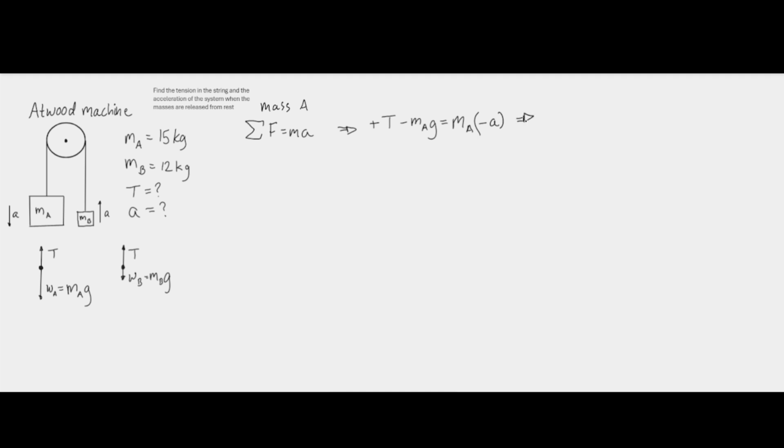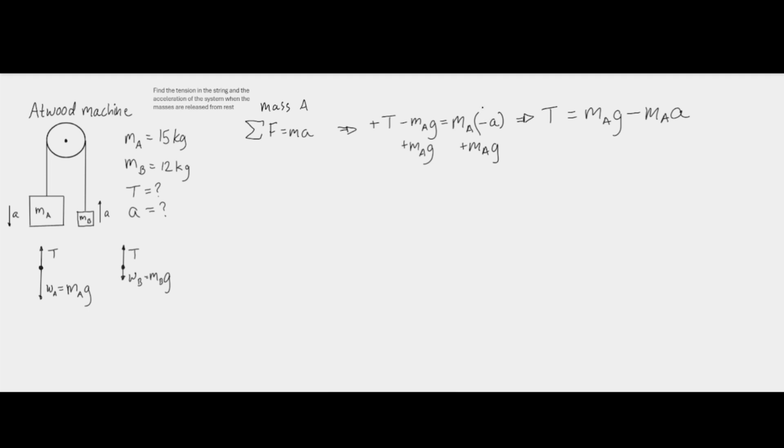So to do that, I add m sub A times g on both sides. And tension then is equal to m sub A times g. I'm going to pull the negative sign out front, and it's going to be minus m sub A times a.